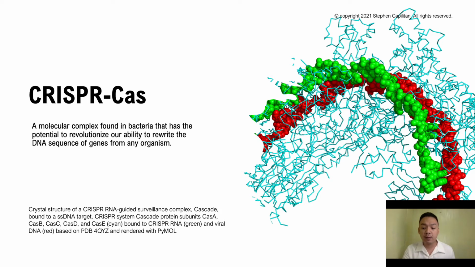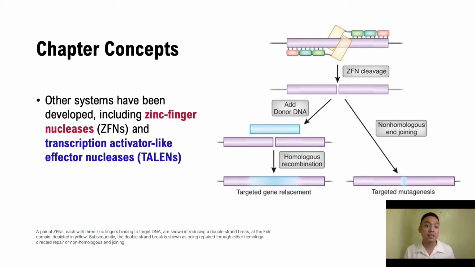Another important breakthrough in genetics are systems that have been developed, including zinc finger nucleases, or ZFNs, and transcription activator-like effector nucleases. ZFNs are artificial restriction enzymes generated by fusing a zinc finger DNA binding domain to a DNA cleavage domain.